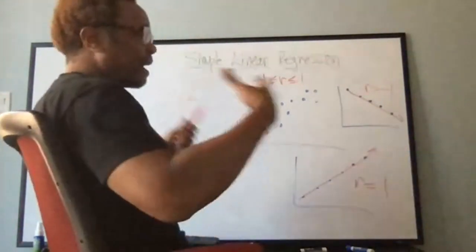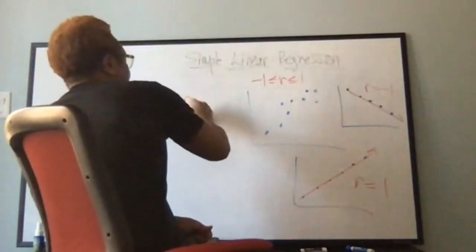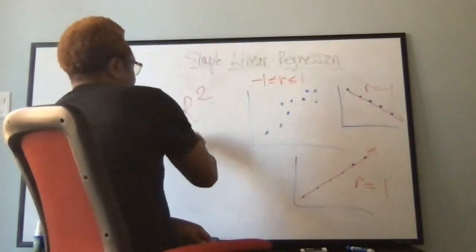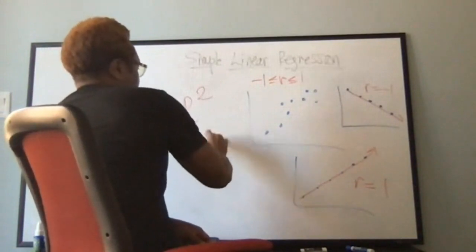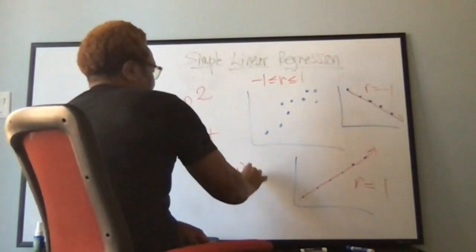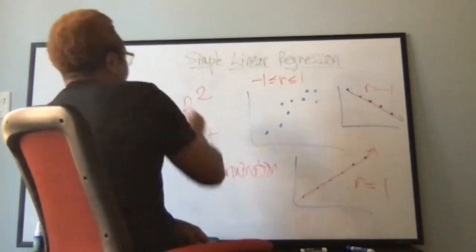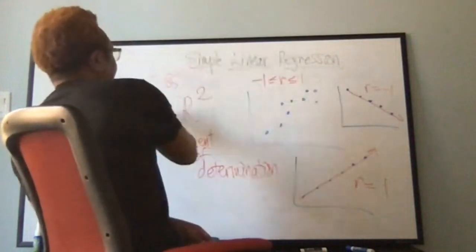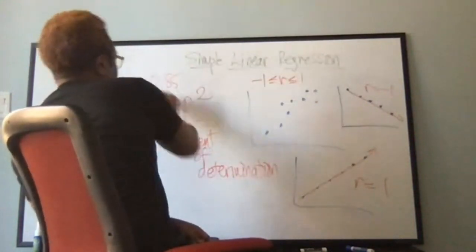That's the notion of R squared. R squared is called the coefficient of determination. It's normally given as a decimal, something like 0.85, but you normally think about it as 85%.